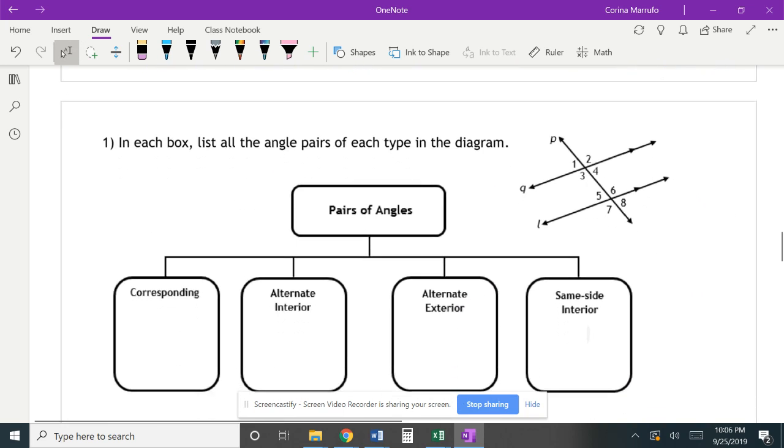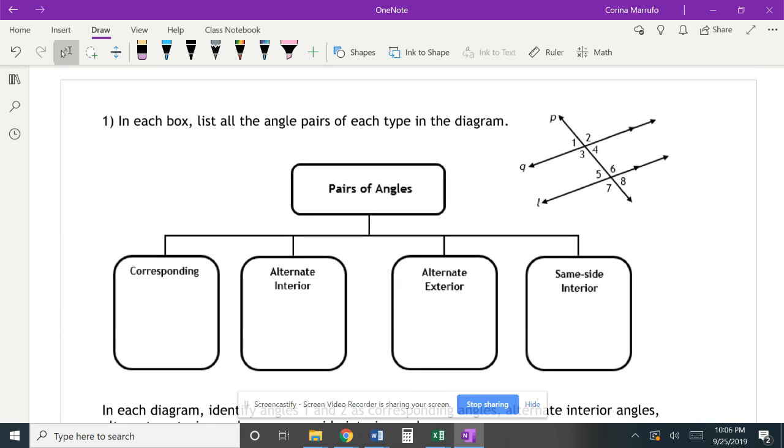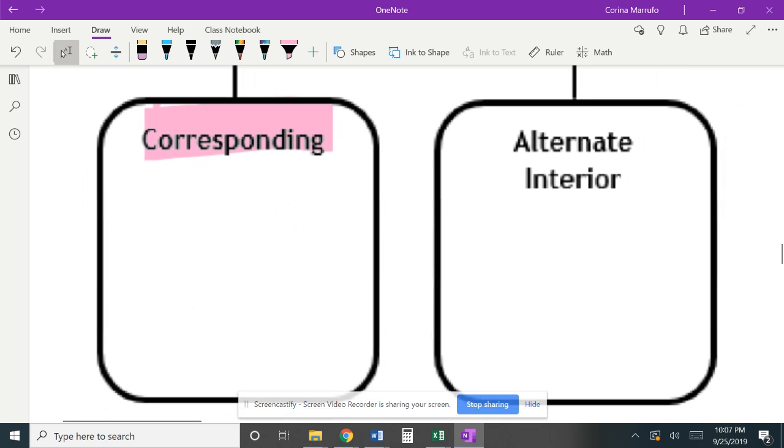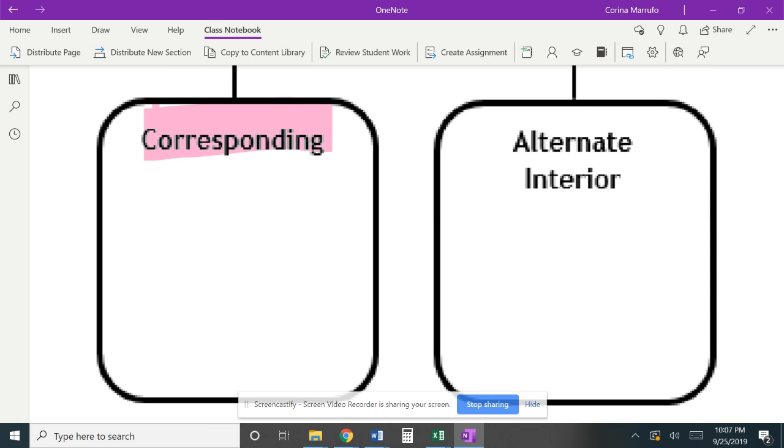So in each box, list all the angle pairs of each type in the diagram. So they want us to name all of the pairs of angles. So we have corresponding angles. Let's see. Angle 1 is going to correspond with angle 5. Let me zoom in.